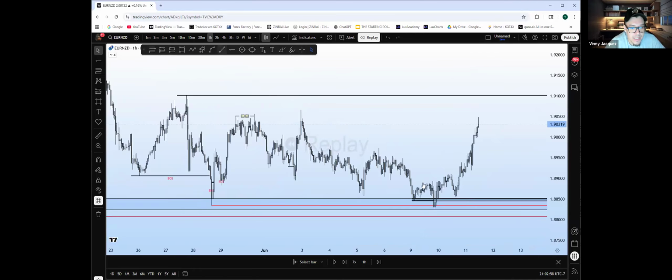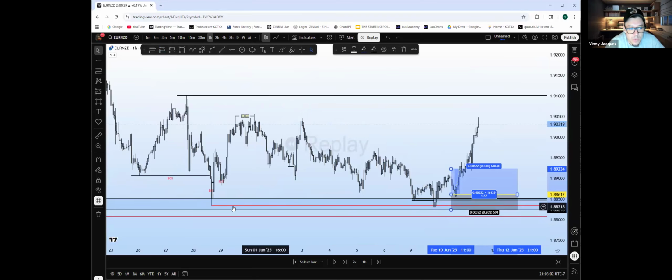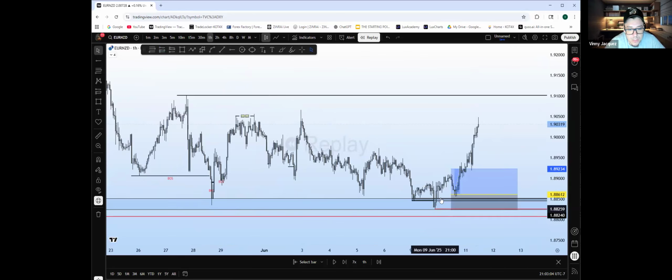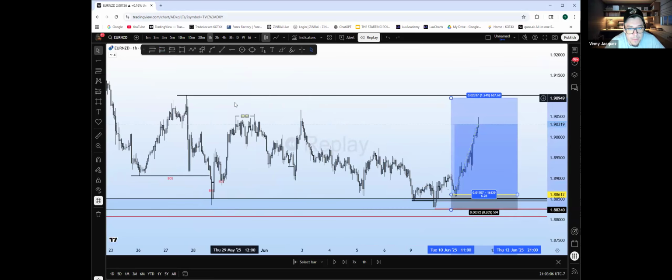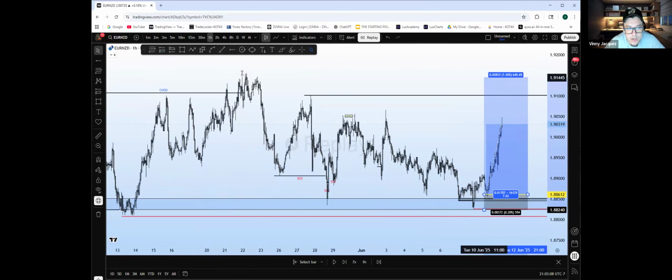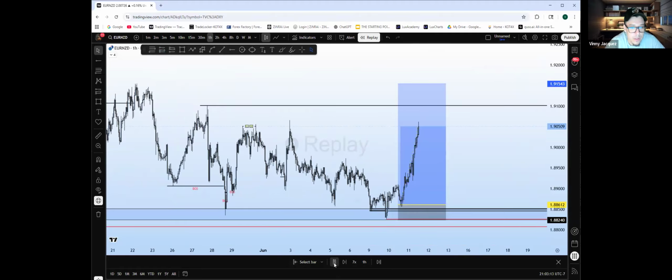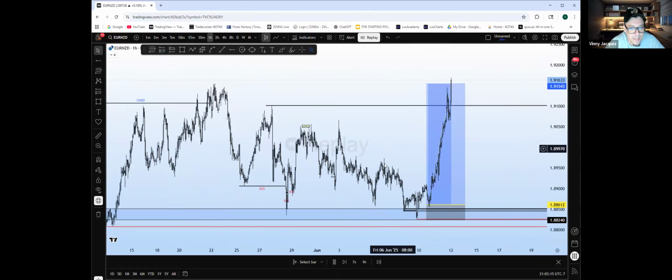Now let's see if this was the one that technically would have run these highs because we were looking for this buy here. Let's see if this was the one right here. Now, again, this is a perfect example of just waiting for a perfect setup and it just misses you.